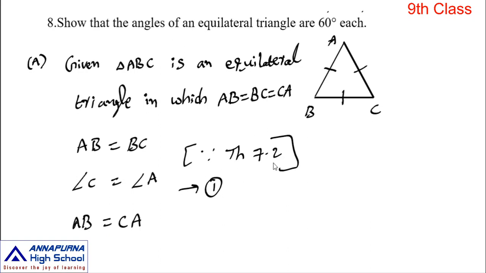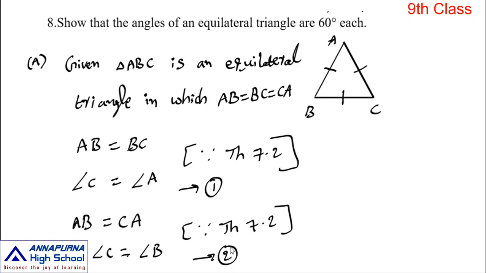Again by using theorem 7.2, the angle opposite to side AB is angle C. The angle opposite to side AC is angle B. Since theorem 7.2, angle C is equal to angle B. This is equation 2.